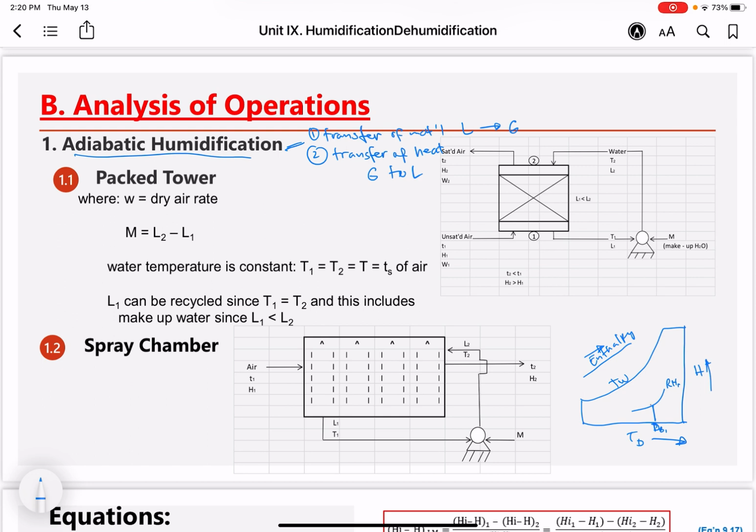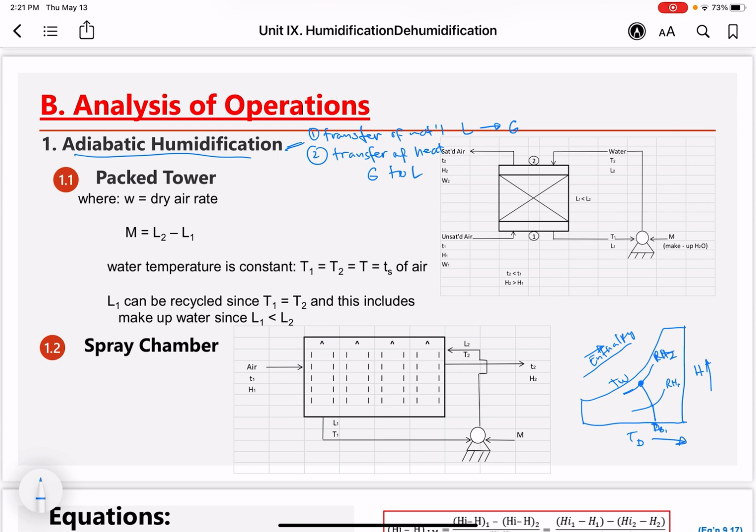So parang if this is the other one, ito yung mas mataas na relative humidity, all you need to do is project this point up to the target mo na relative humidity na bago, or RH2.